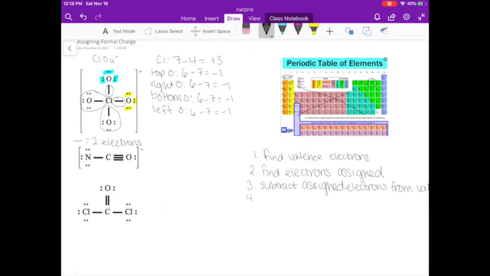Alright, our final step when determining formal charge is going to be to make sure our formal charges add up to the charge of the structure.